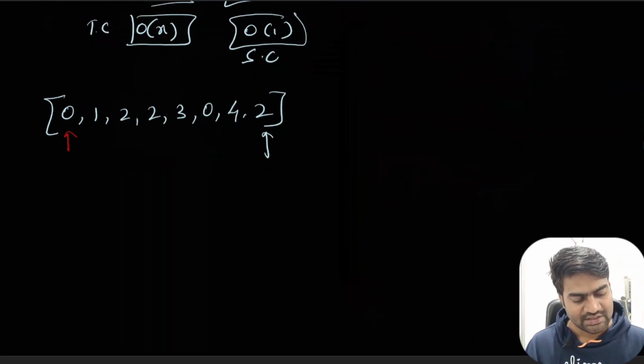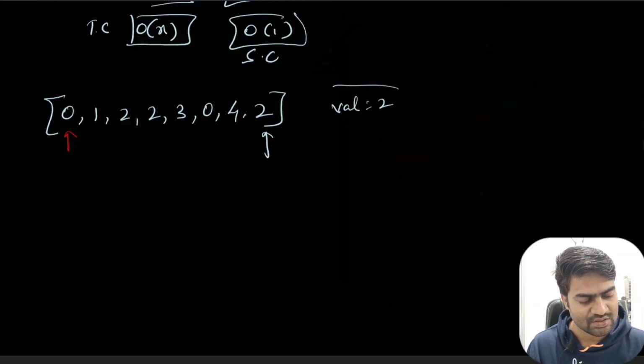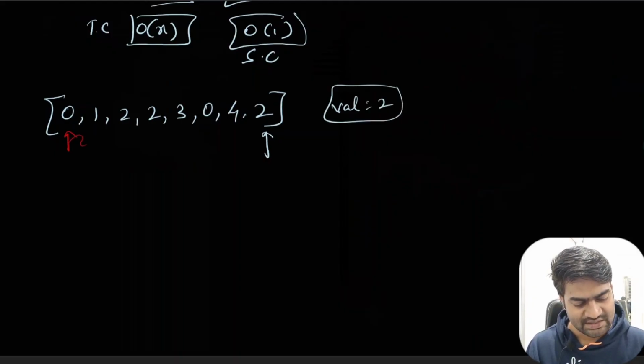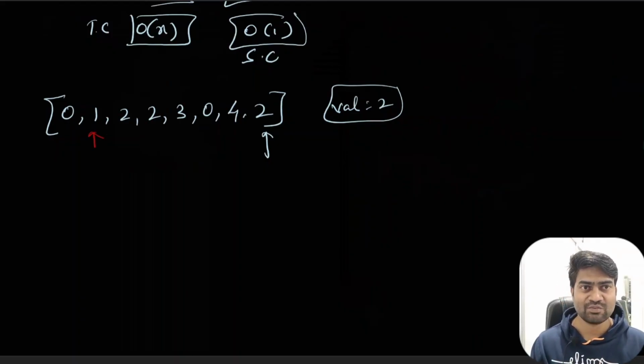With that, now you look for the number at the left pointer. Now it is 0. So which means it is not our val, right? Our val is 2. So it is not equal to 2. So I will simply skip this and I'll move. Why? Because we have a non-val number here. So whatever number is there at this particular index, it is a correct number.